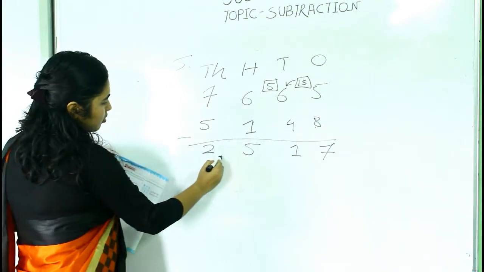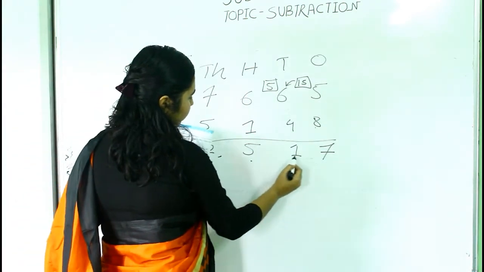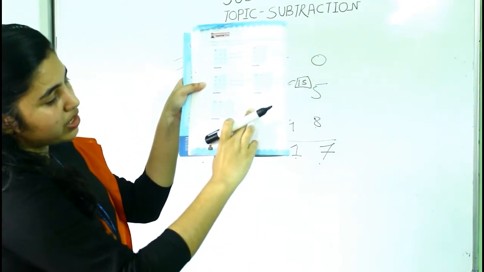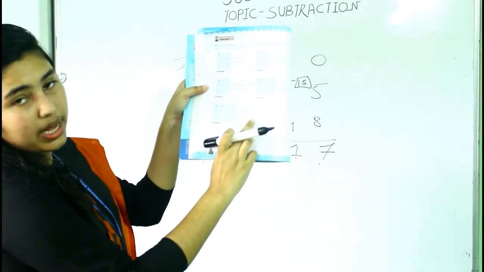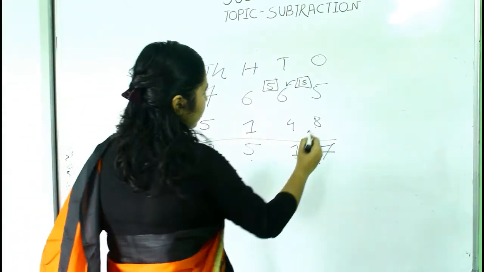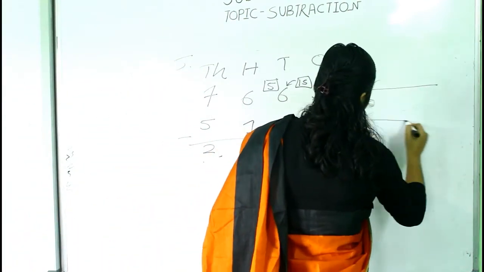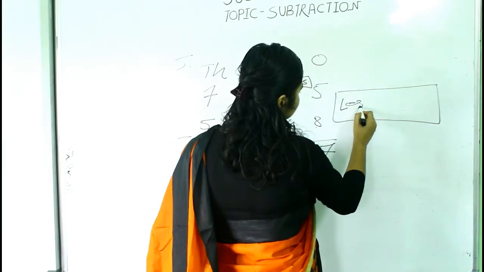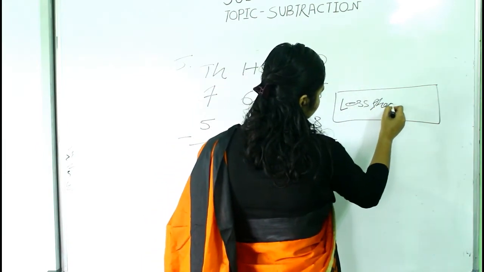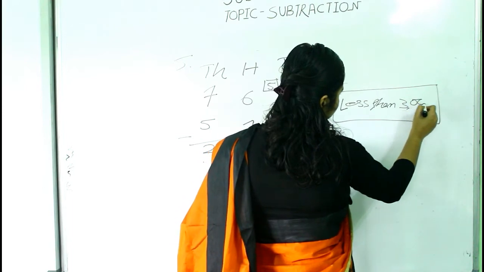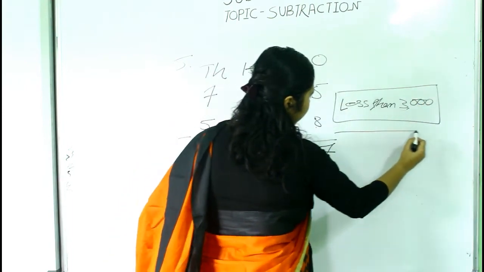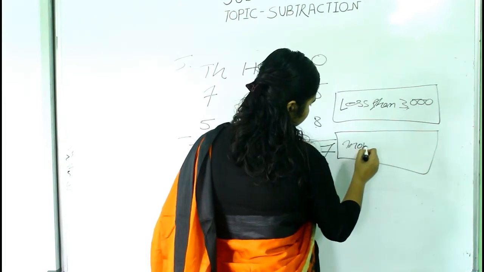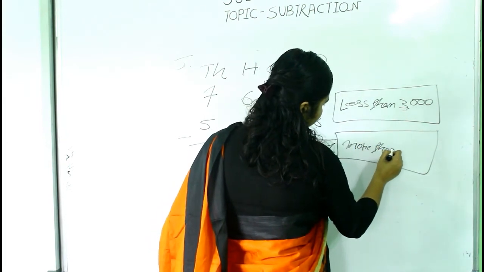Now 2517. Our options are less than 3000 and more than 3000. Right? So write here these two options. First one is less than 3000 and the second option is more than 3000.